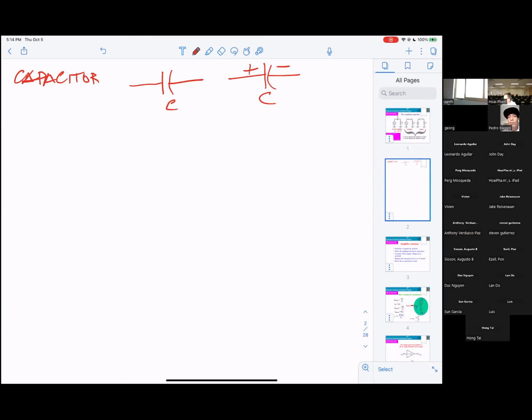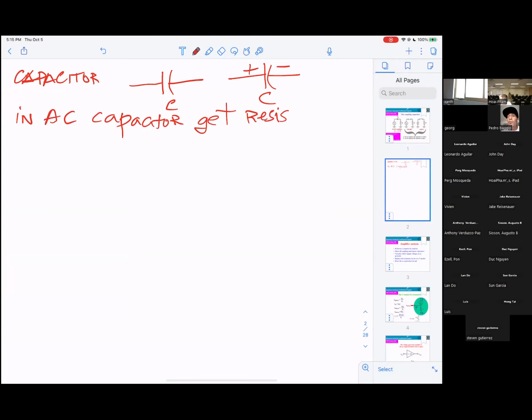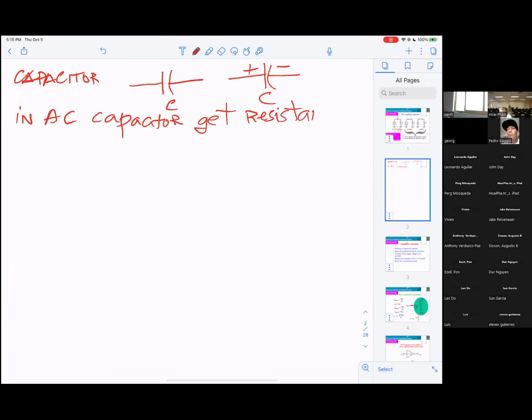Okay, and in the AC, capacitor will get a resistance. Okay, and we just gave you the formula.